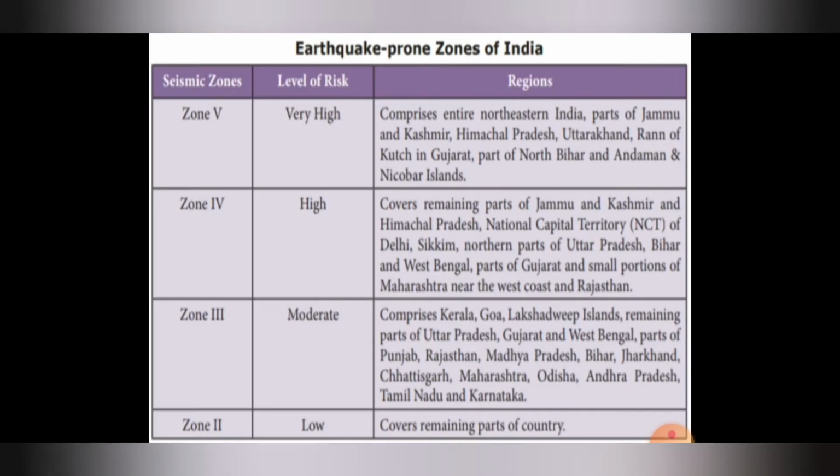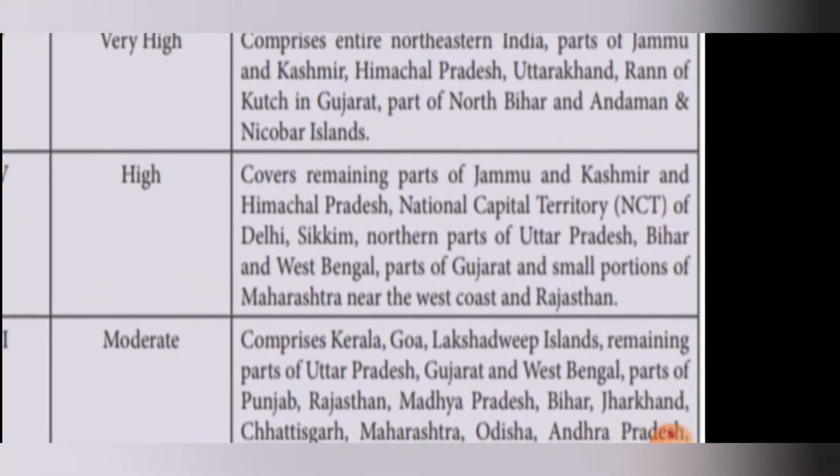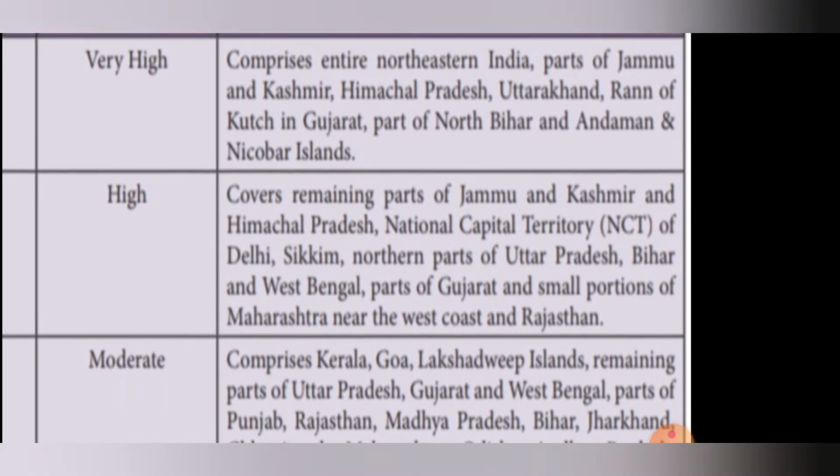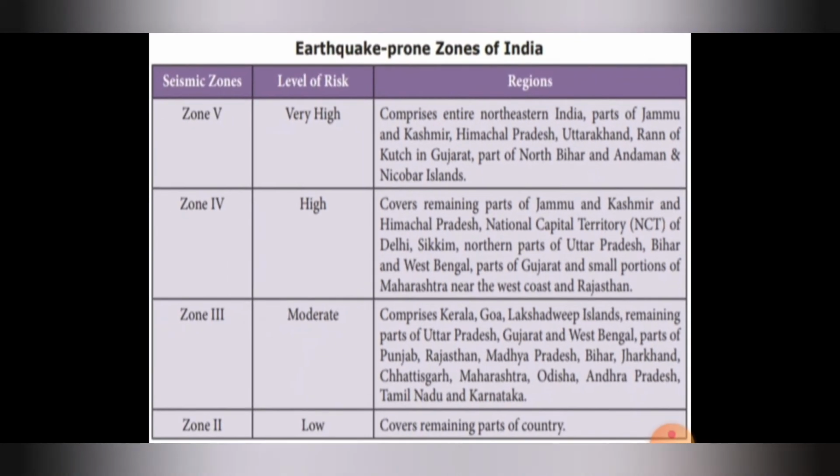Now we could see what the regions are. It covers remaining parts of Jammu and Kashmir and Himachal Pradesh, National Capital Territory NCT of Delhi, Sikkim, northern parts of Uttar Pradesh, Bihar and West Bengal, parts of Gujarat and small portions of Maharashtra near the west coast of Rajasthan. These are the regions where zone 4, that is high risk level of earthquake, occurs.